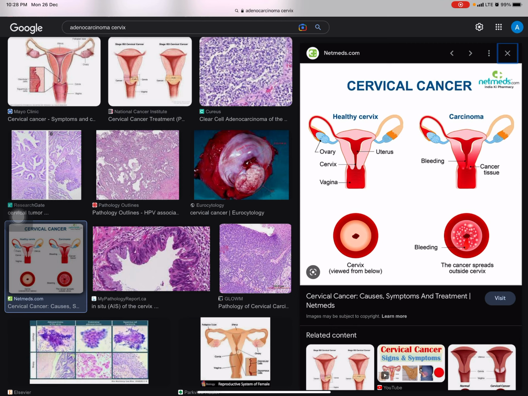High risk? Who is at high risk? HPV patients are at high risk. Why does it cause this? Mutation.